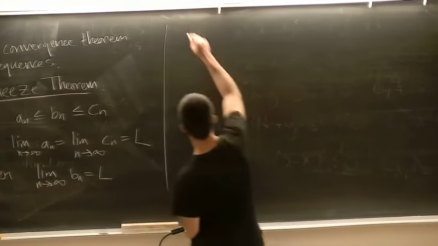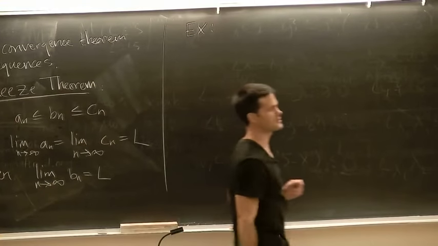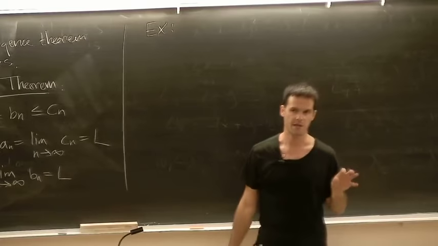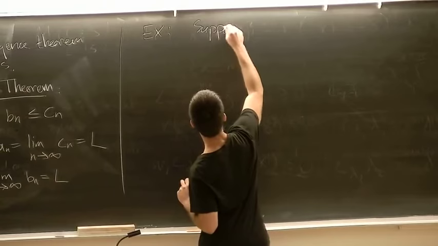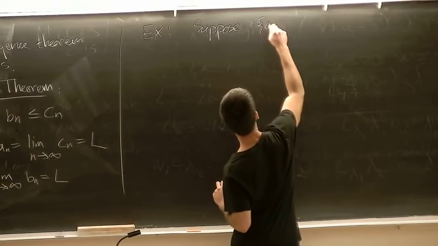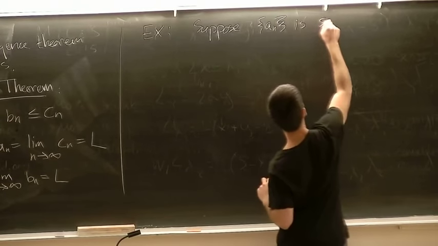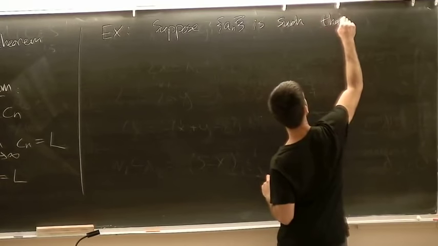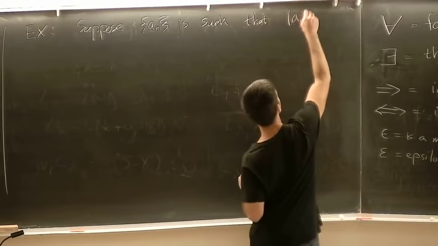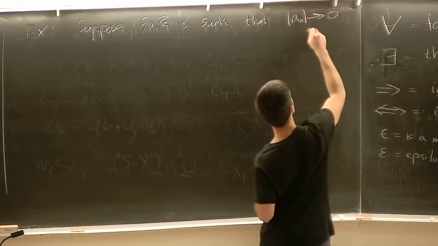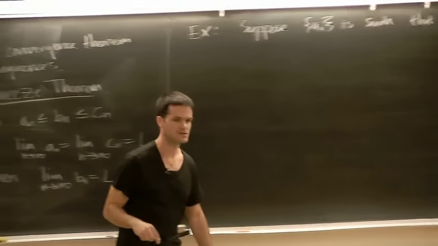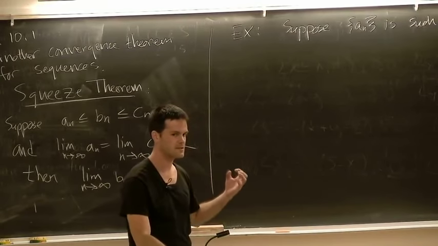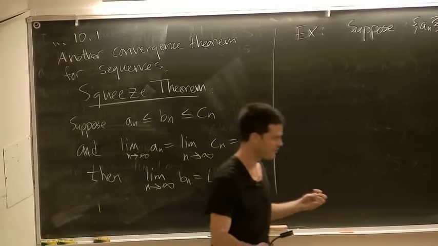So here's a quick little example of how you could use the squeeze theorem. Suppose we had a sequence and we knew that the absolute value of an was going to 0. So absolute value is like the distance of some quantity from 0.